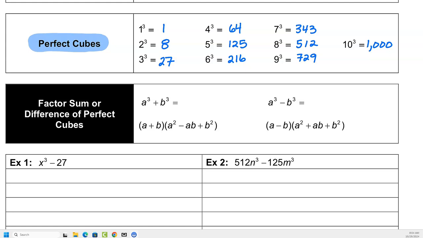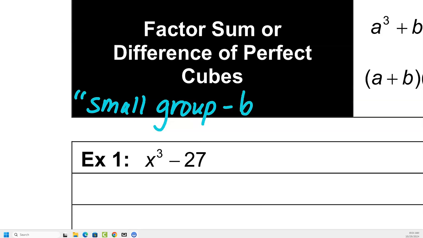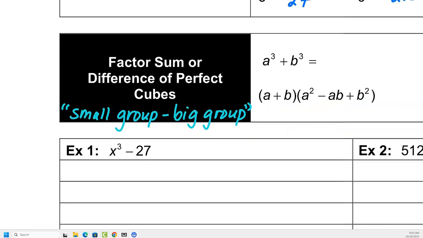So whenever you see perfect cubes and you think of factoring them, I want you to think about small group, big group. Small group meaning that it's a group of 2 terms, big group meaning that it's a group of 3 terms.